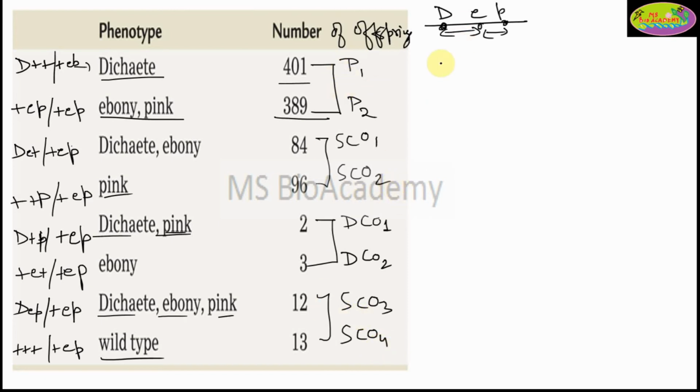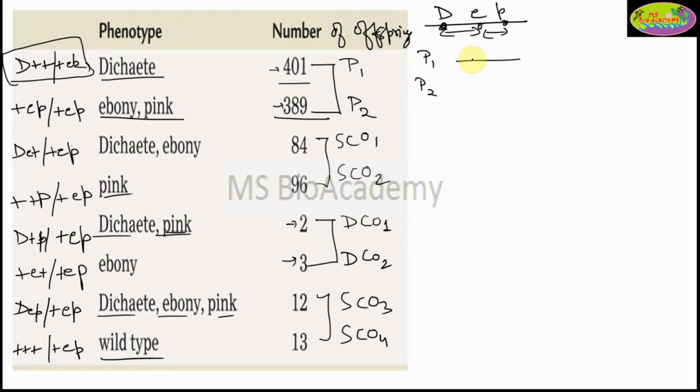Now what we have to do is take the parental forms and the double crossover forms. So take the parental forms. The parental form genotype is this. We have to take the genotypes. So for the parental forms, I'm going to write P1, P2.